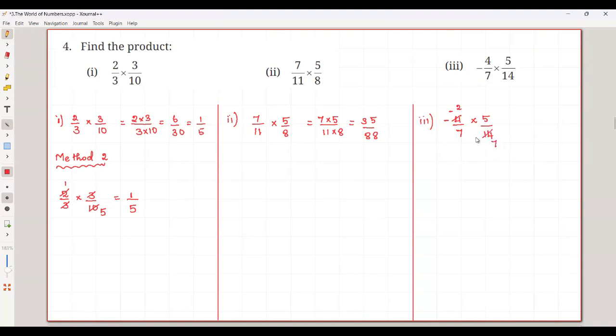You should not cancel this 7 and 7. Some students will cancel like this. No. Now the balance is minus 2 into 5, divided by 7 into 7. So the answer is minus 10 by 49.